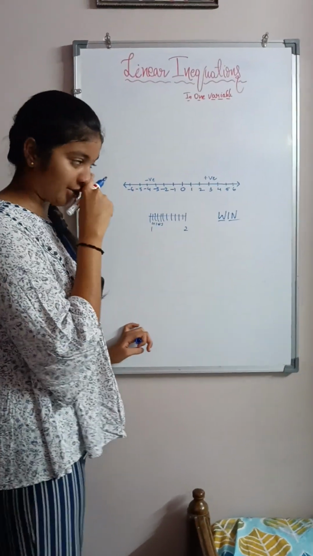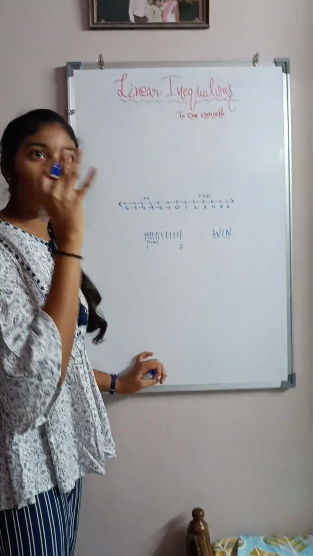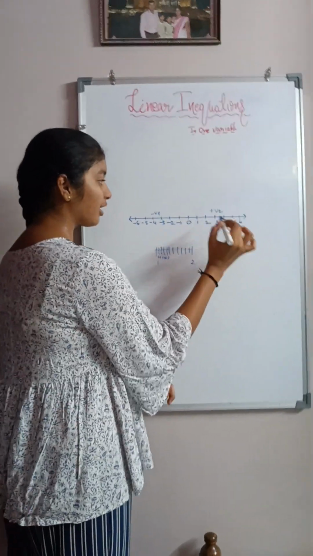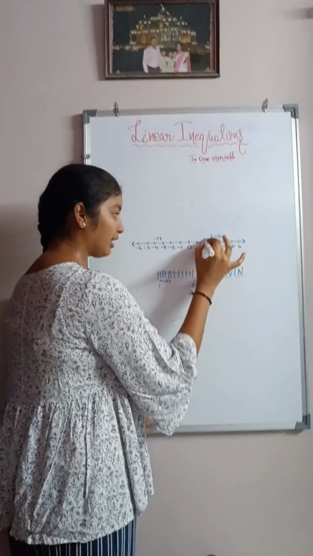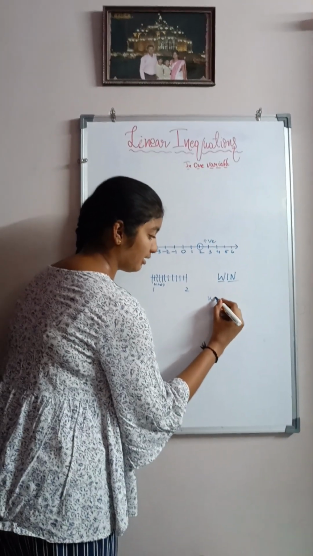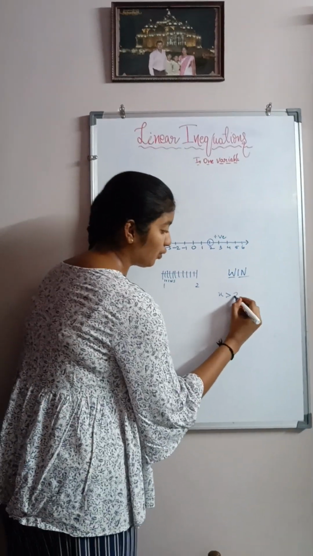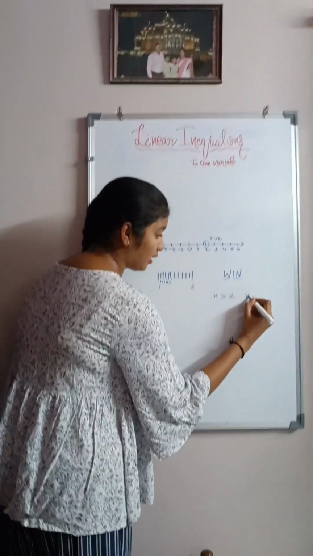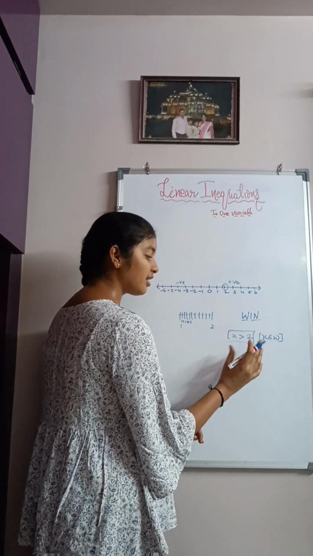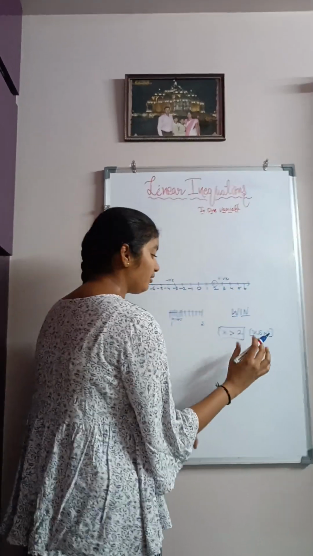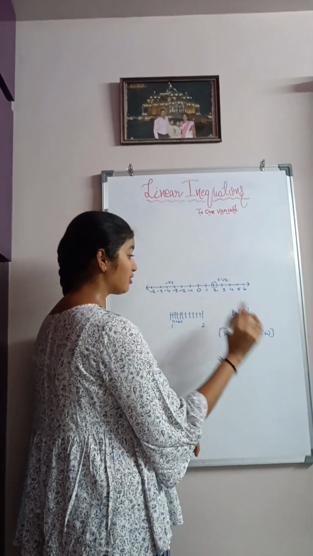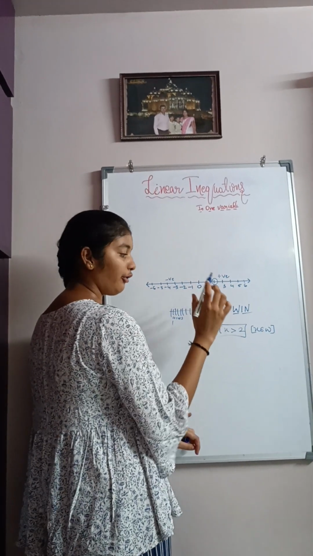According to whether x belongs to whole numbers, integers or natural numbers, we will have different notations. If we get a whole number, we will just round it like this. If the equation we got is x greater than 2 and x belongs to whole numbers, whole numbers should be just rounded.